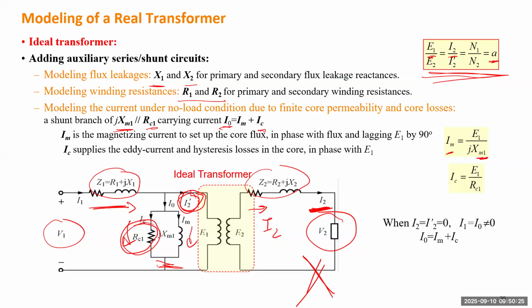Then you can calculate the current. So I assume you have learned how to do the short circuit and open circuit test in the 325. For the short circuit test, you mainly calculate the series impedance due to the winding.